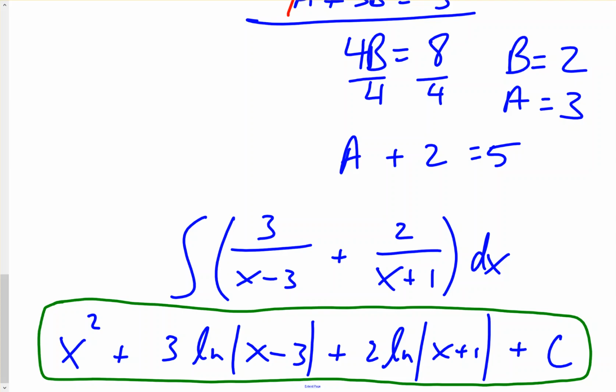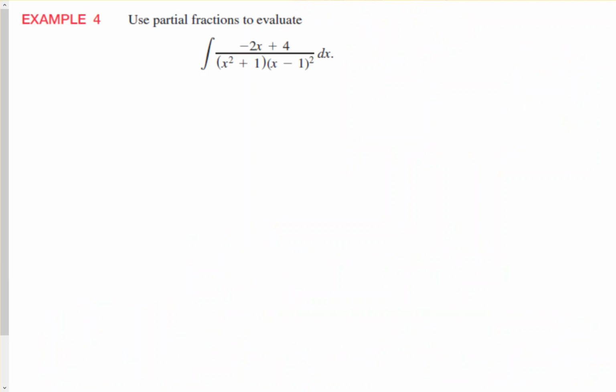Okay, let's take a look at our next one. Use partial fractions to evaluate. Okay, so in the denominator we basically have x squared plus 1, and then we have x minus 1, the quantity squared.